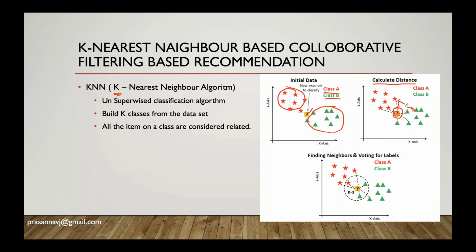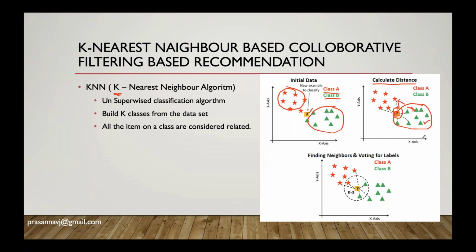Once he is allocated, based on that particular group's interest, the recommendation will be provided. Assuming this person belongs to this group and the distance is less to all the points there, he can be recommended some of the other movies watched by the group of people in this group.